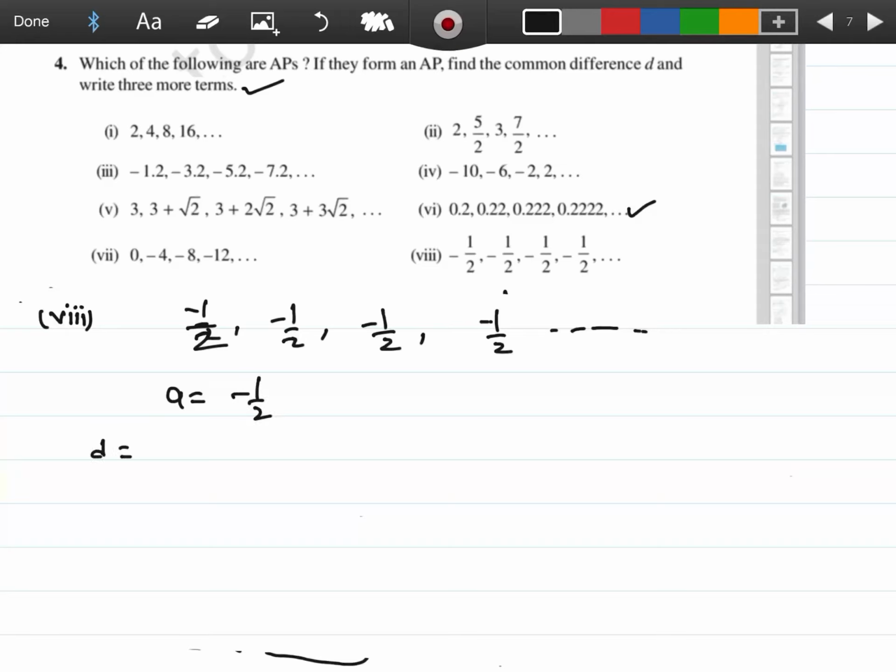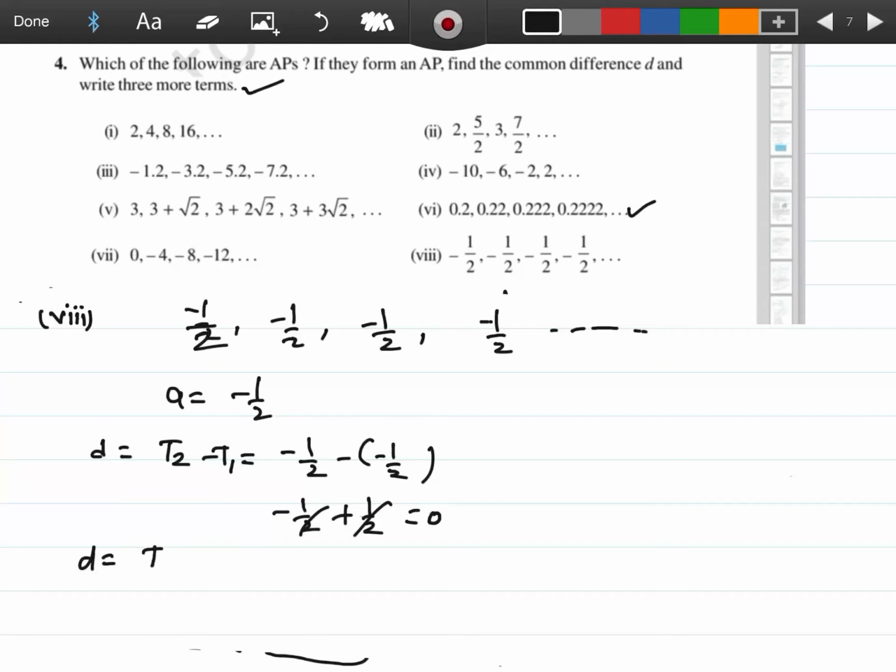Now D is equal to T2 minus T1, that is -1/2 minus (-1/2), that is -1/2 plus 1/2, which will be equal to 0.